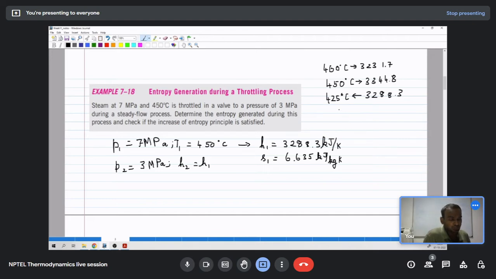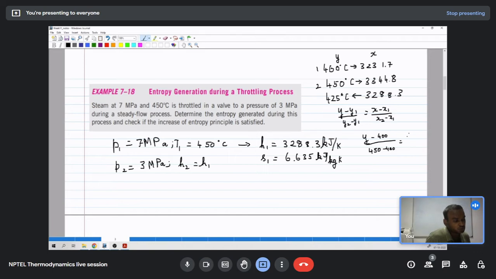So we have this line equation: (y minus y1) by (y2 minus y1) is (x minus x1) by (x2 minus x1). Here I can take this as x and this as y. This will be the initial state, this is the final state, 1 and 2. Then I have y minus y1, which is 400 degrees Celsius, divided by 450 minus 400.